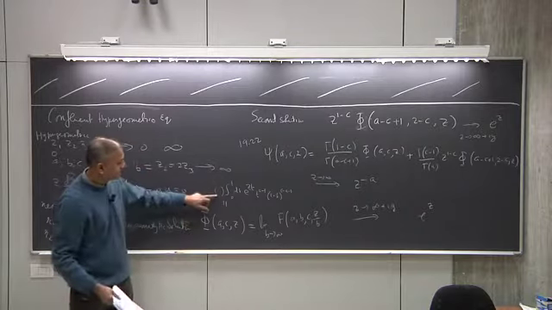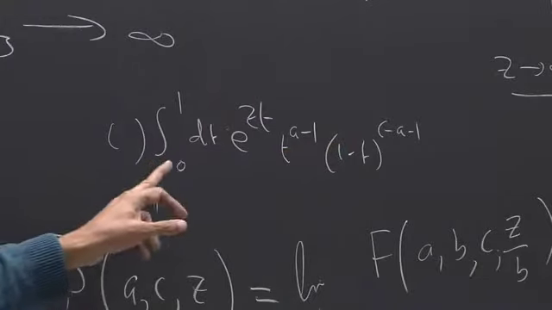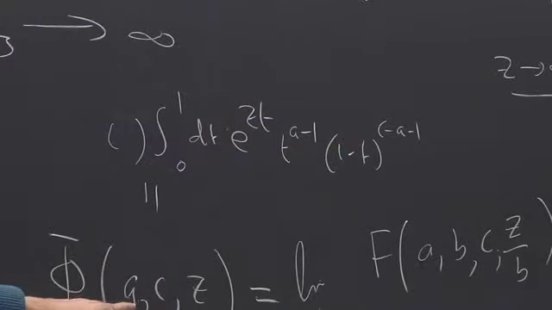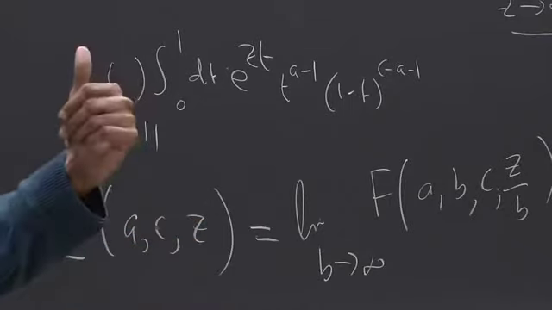That constant is just chosen to make phi at z equal to 0 equal to 1. The normalization was phi of a, c, 0 equal to simply 1.